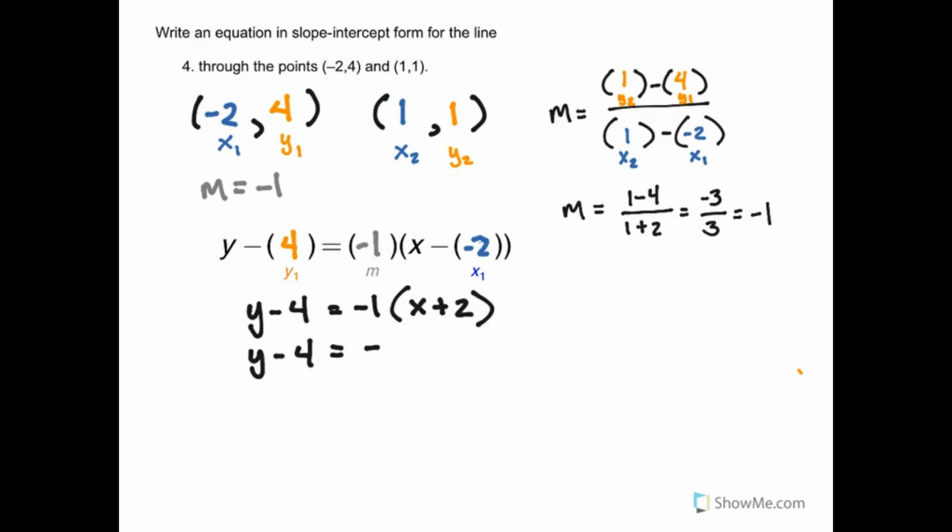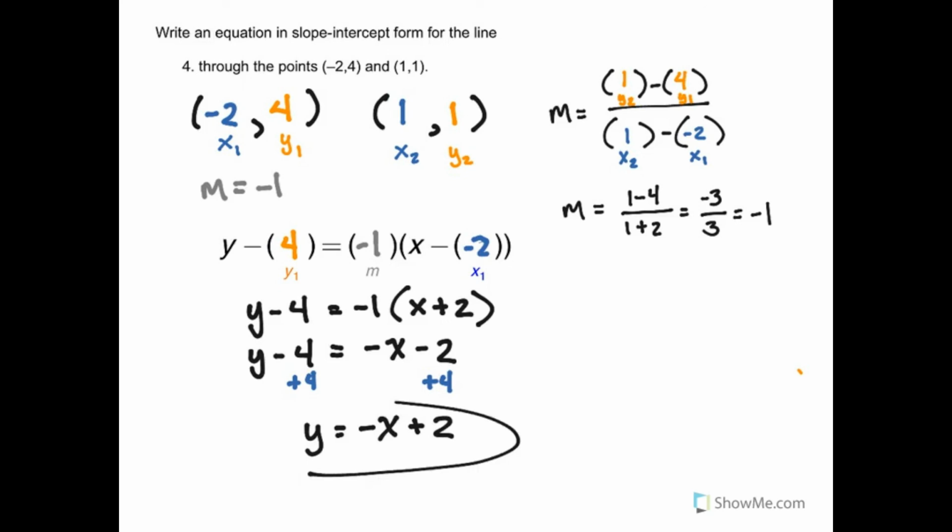If I distribute -1, I get -x minus 2, and then I add 4 to each side to get y alone. And y equals -x, -2 plus 4 is +2. So I've found the equation of the line just given 2 points. Step 1 was to find the slope, and step 2 was to use the point-slope form to find the equation.